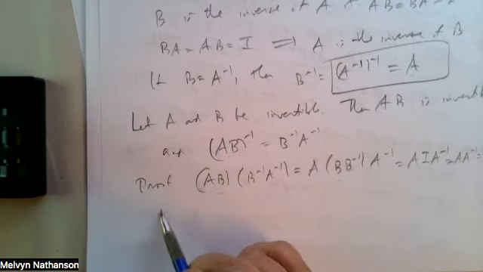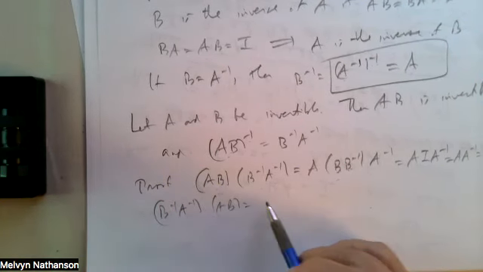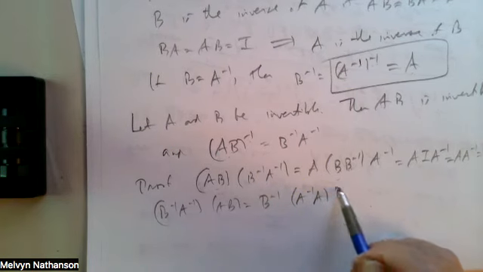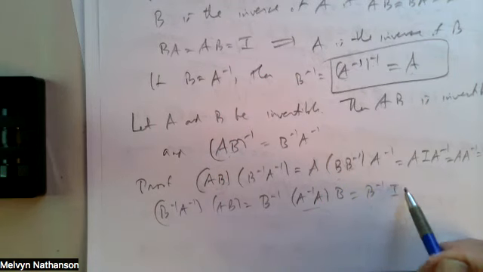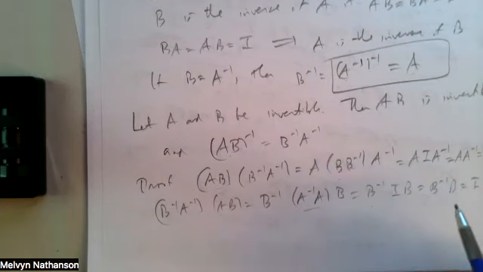In exactly the same way, B inverse A inverse times AB is B inverse times A inverse A times B, which is B inverse identity B, which is B inverse B, which is I.